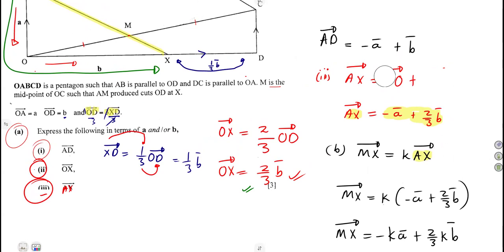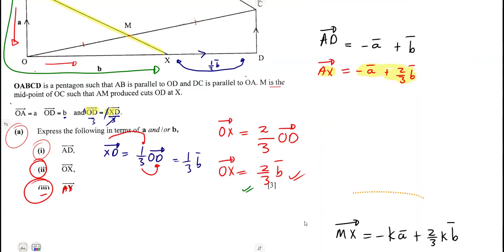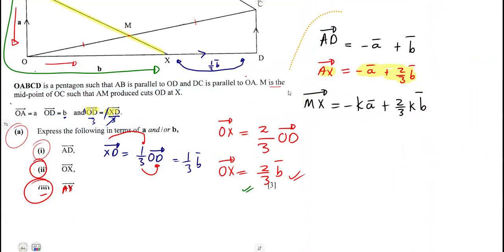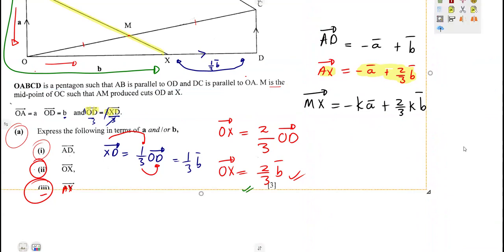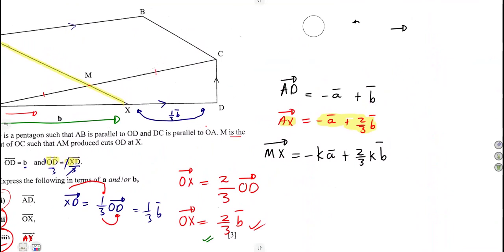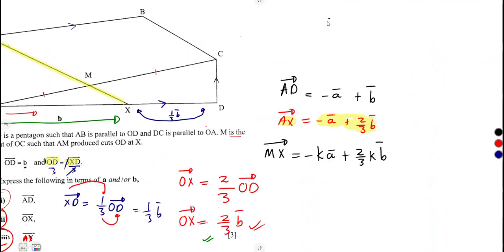No problem, we're just going to use the given information. All right, let's also take these ones aside. We are going to need this. So let us have DC first on part C.